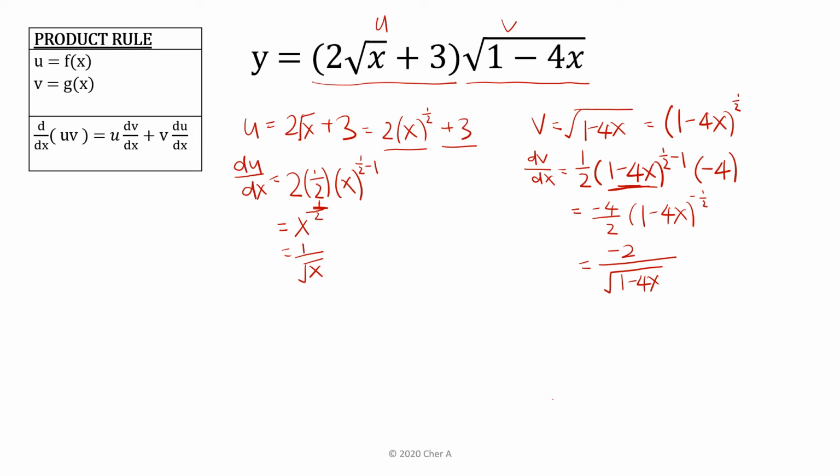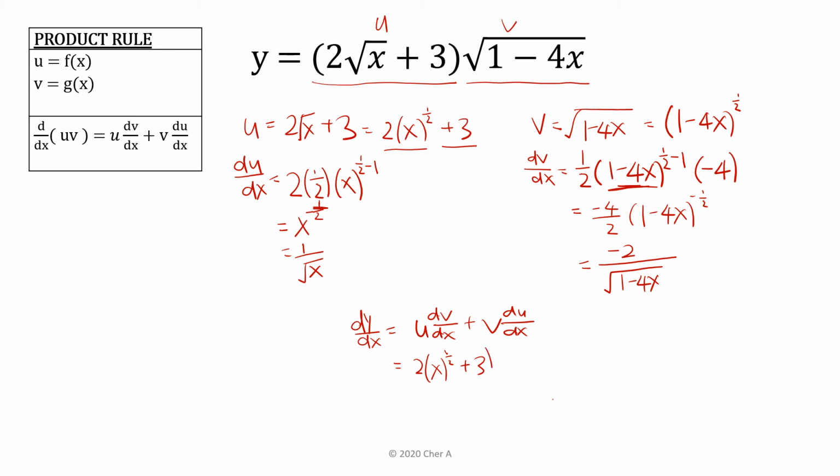Now, using the product rule to put everything together to get my dy dx, which equals u dv over dx plus v du over dx. So my u is 2x to the power of half plus 3.